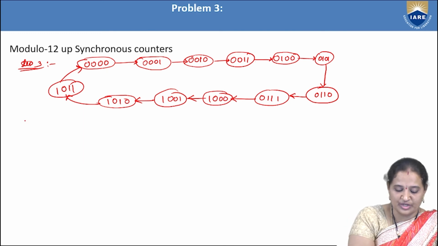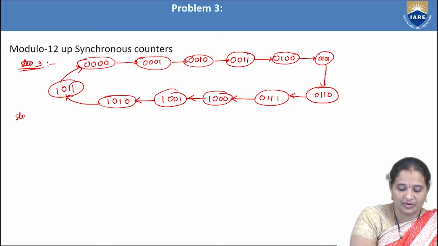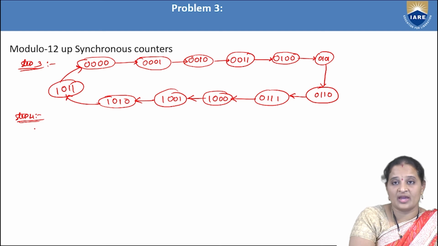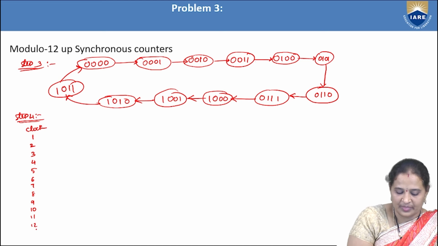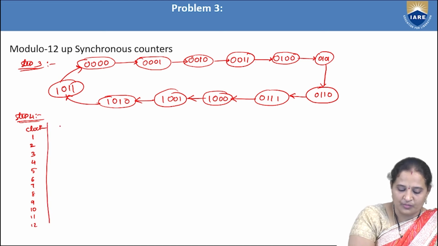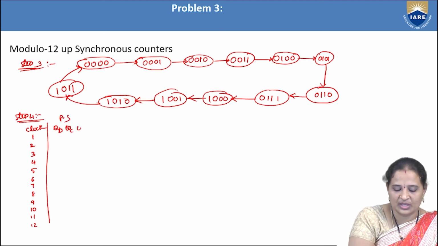Now after this, we need to derive the truth table, that is the excitation table, step 4. As we have chosen the T flip-flop here, we have clock pulses 1, 2, 3, 4, 5, 6, 7, 8, 9, 10, 11, 12. As we have taken 4 flip-flops here, the present states I have considered as QD, QC, QB, QA.